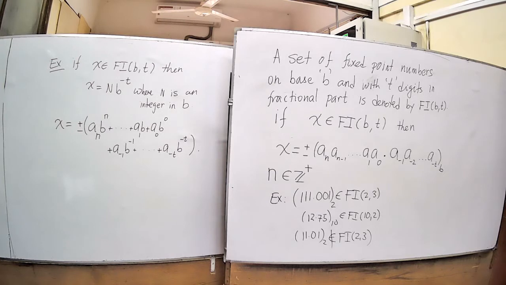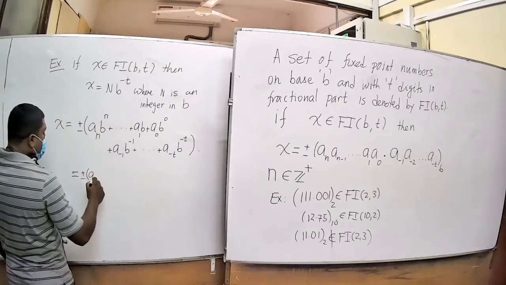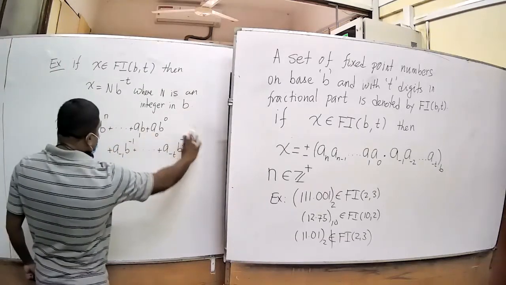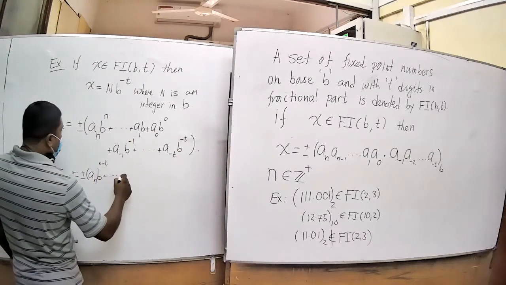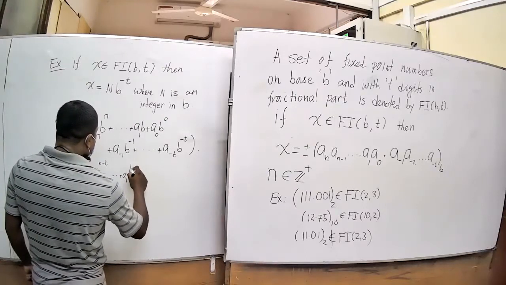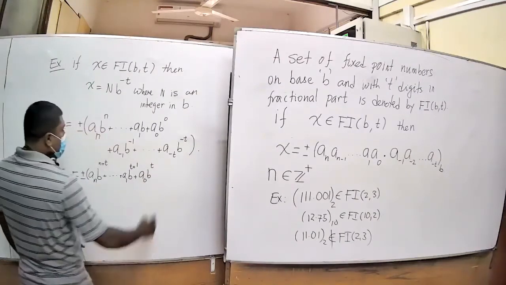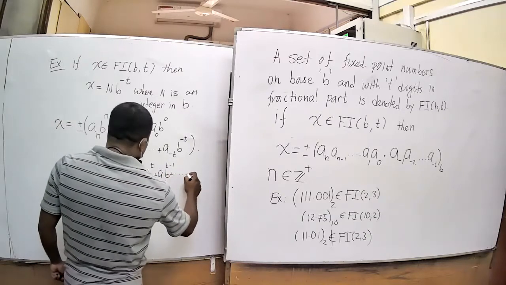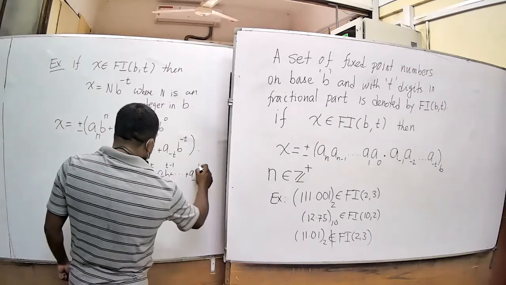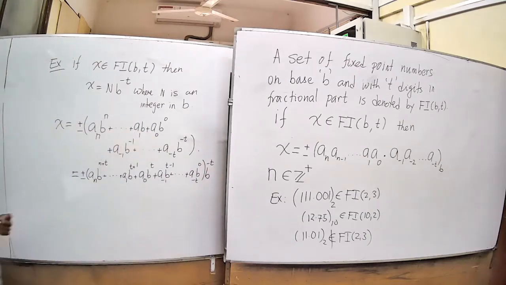When you do that, you will have plus or minus a_n b to the power n plus t, all the way up to a_1 b to the power t plus 1, plus a_0 b to the power t, plus a_{-1} b to the power t minus 1, all the way up to a_{-t} b to the power 0, and then you factor out b to the power minus t from everything.